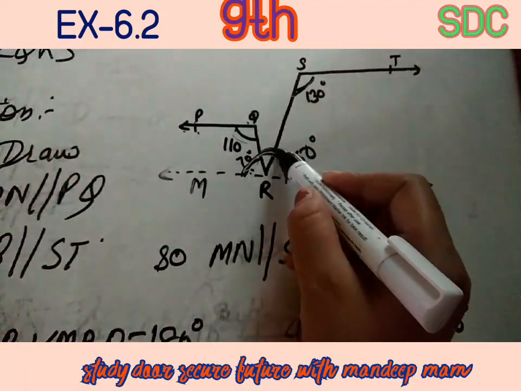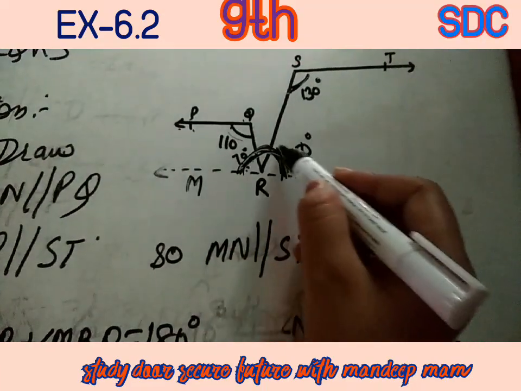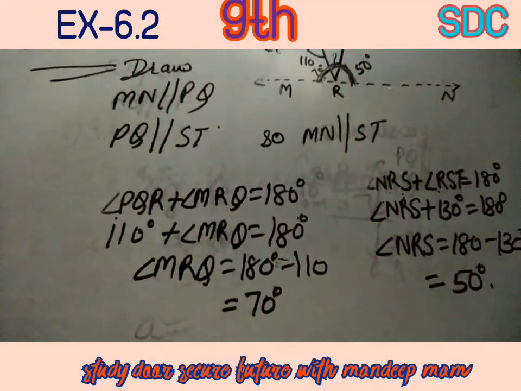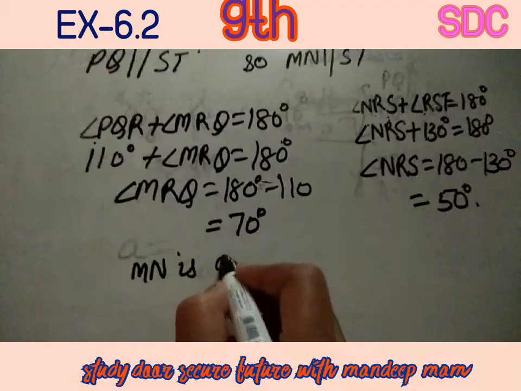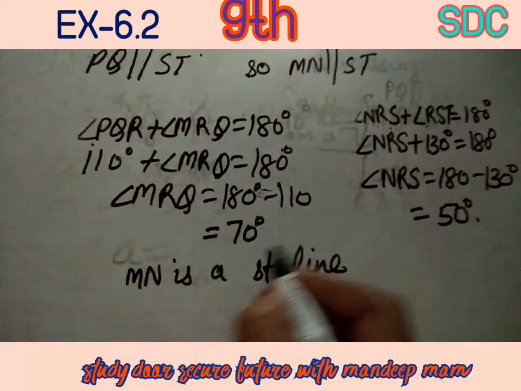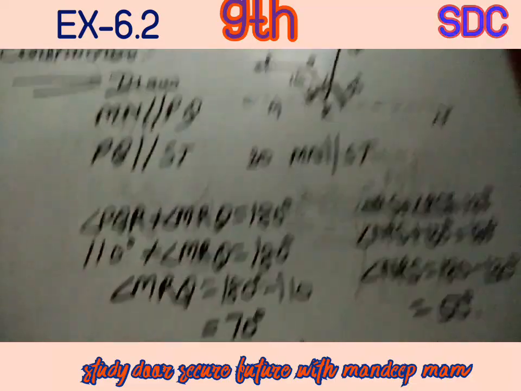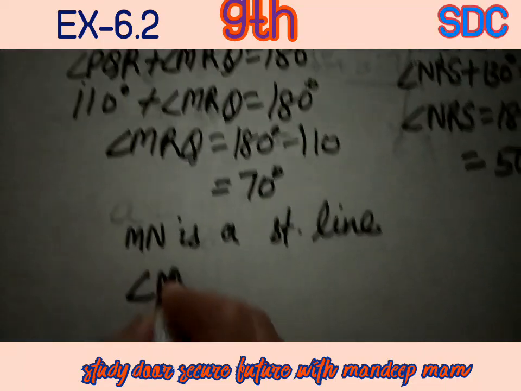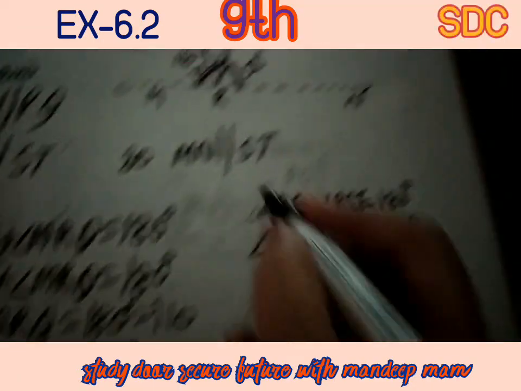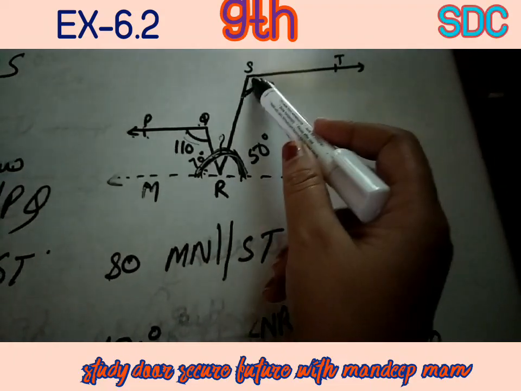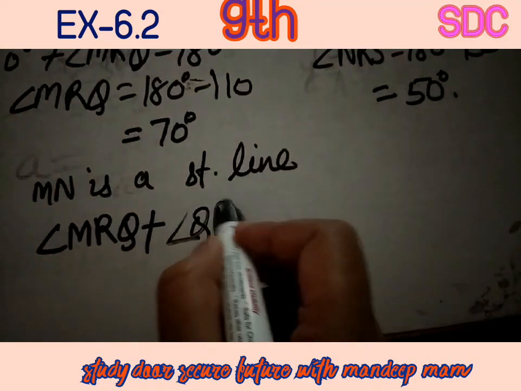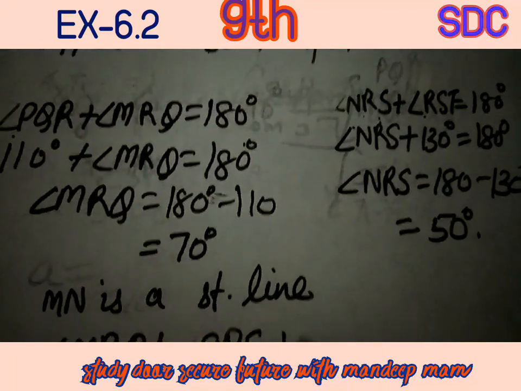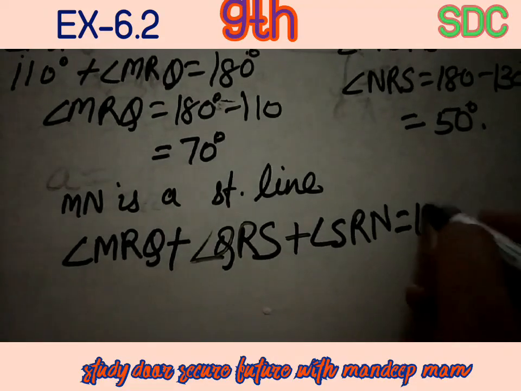We know the sum of angles on a line is 180 degrees. We have to find out two angles, only one angle is left. So we will write it, MN is a straight line. So the sum of these three angles, the first angle was MRQ, plus the second angle was angle QRS, and the third angle was SRN, is equal to 180 degrees.